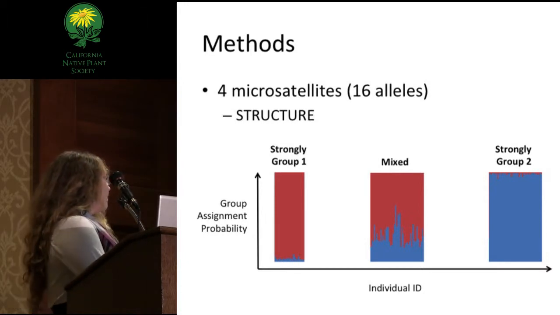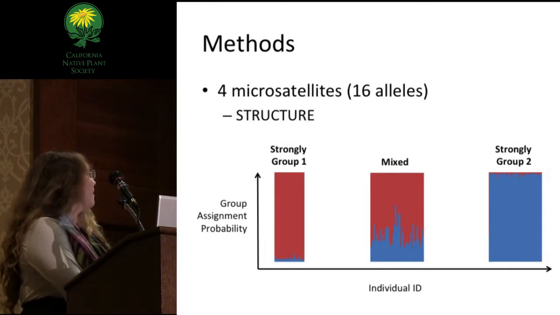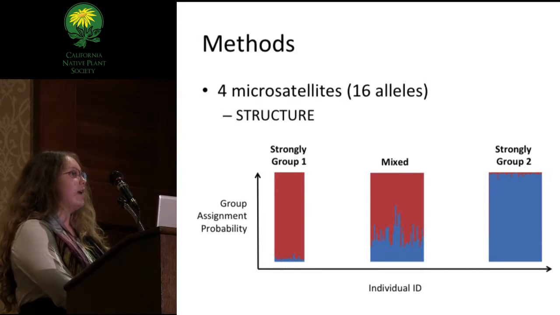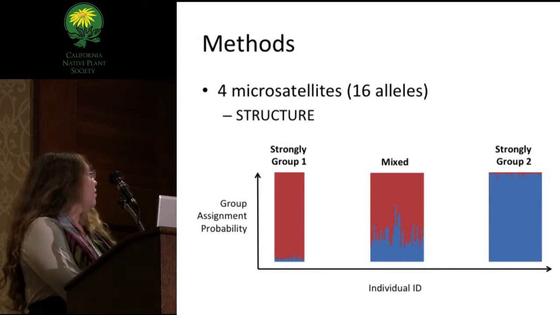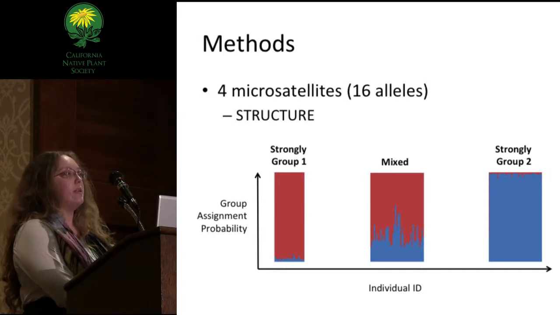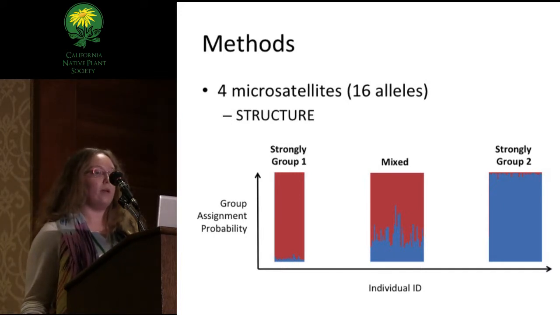So in this example, the individual ID is on the x-axis, and the group assignment probability is on the y-axis. Here we see individuals that are strongly assigned to this red group. In the middle, we have individuals that are mixed, and over here we have individuals that are strongly assigned to the blue group. So I'm going to show you graphs that look like that associated with each population.